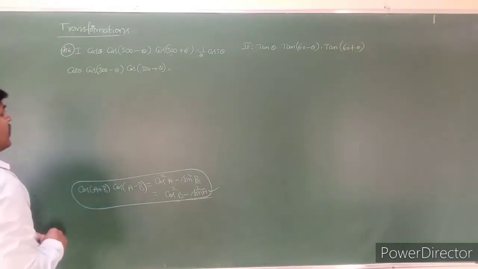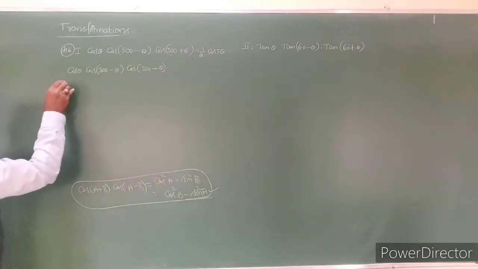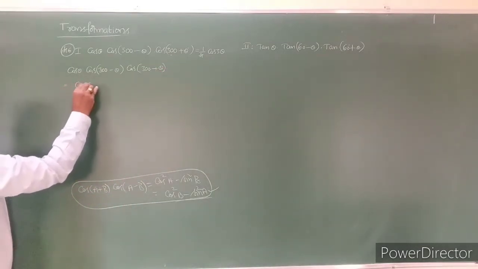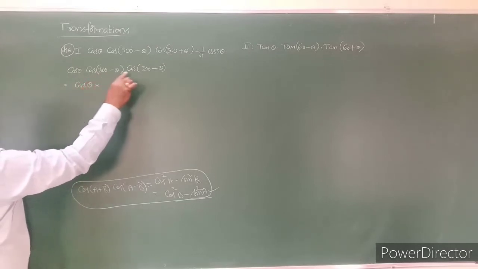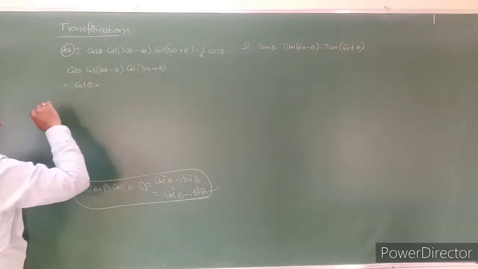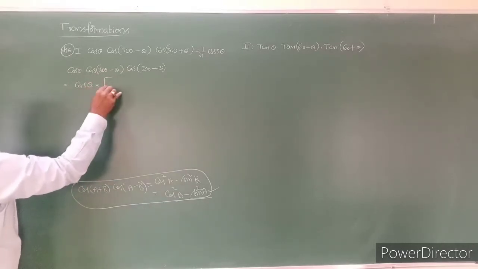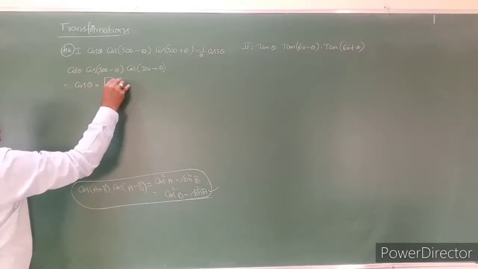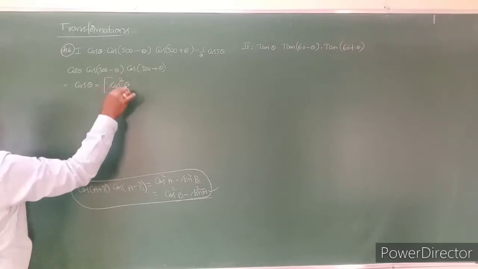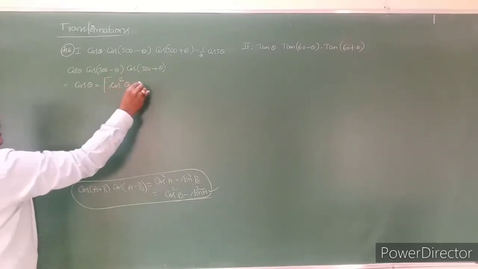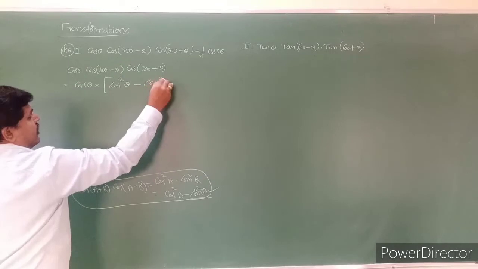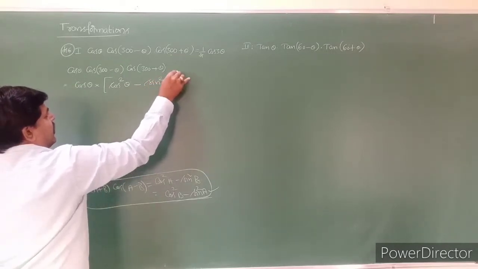Okay. So here what I will do: this is equal to cos theta into cos of (A plus B) cos of (A minus B). You can write cos square B minus sin square A. So cos square B value is theta minus sin square A, where A is 300 degrees.